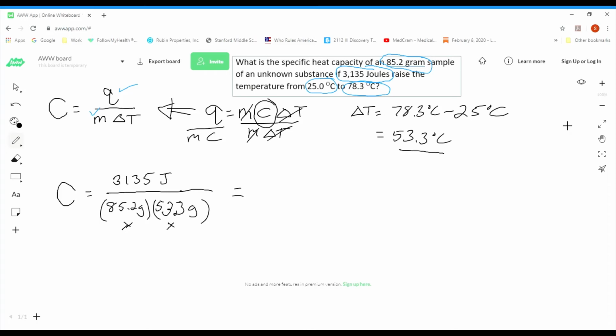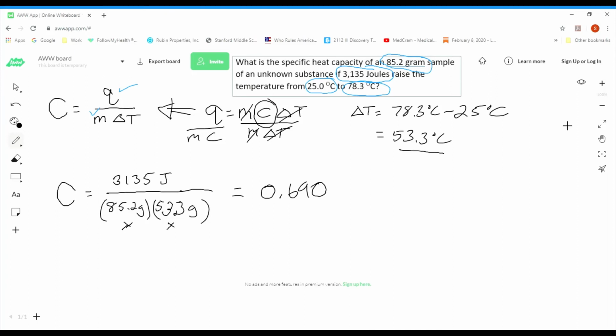So I take 3135 divided by 85.2, get an answer, then divide it again by 53.3, and I get an answer of 0.690. That is the numerical part of my answer.